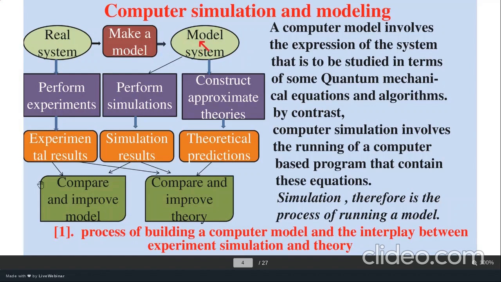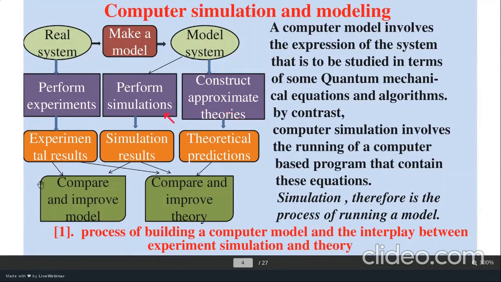Overall, we have the experimentally synthesized molecule. Perform experiments, perform simulation, construct approximative theories. In our work, we are dealing with performing simulation. Experiments are already done. For the constructed approximated theory, we have constructed some theory that it will be like this.